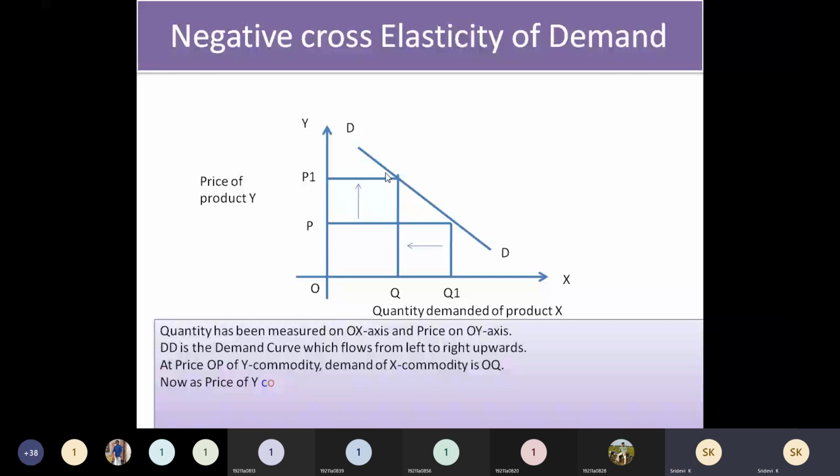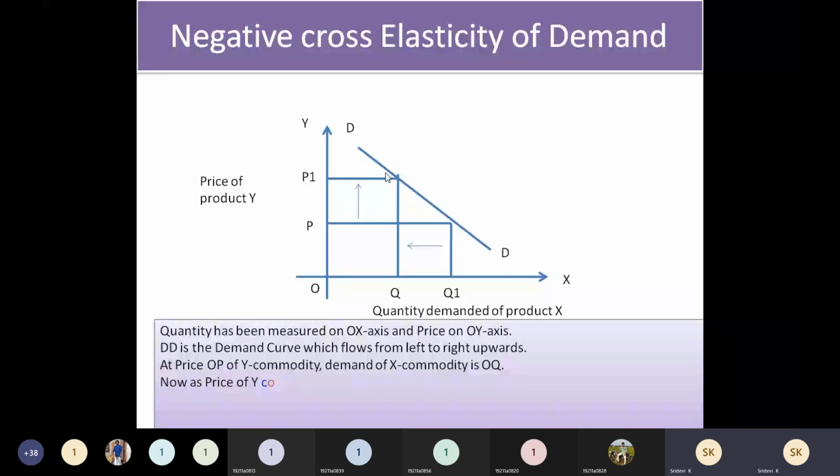So we can compare when very close complementaries are there. In such a case, a slight change in the price of product Y brings a large quantity of sales in product X. So this much of sales was increasing or decreasing. If price is reducing from P1 to P2, quantity is increasing from Q1 to Q2.